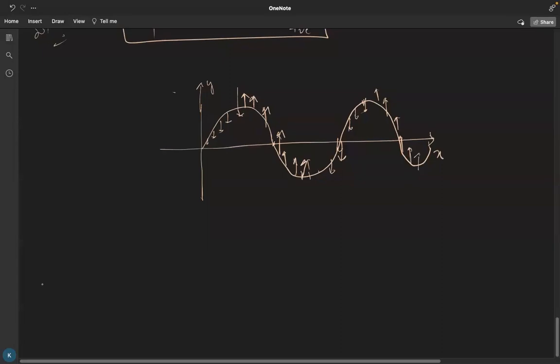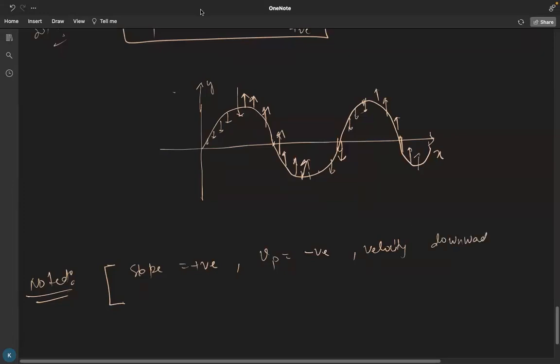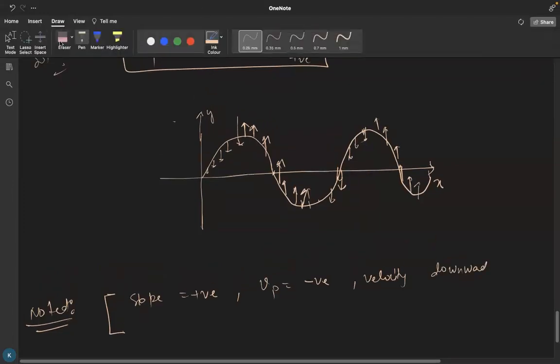So I want to make a noted point here that is important. Slope is positive, velocity of particle is negative, so the velocity is downward. Let me make a quick table here so that it will be easy to recall.